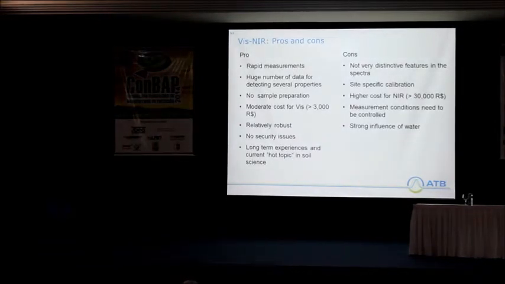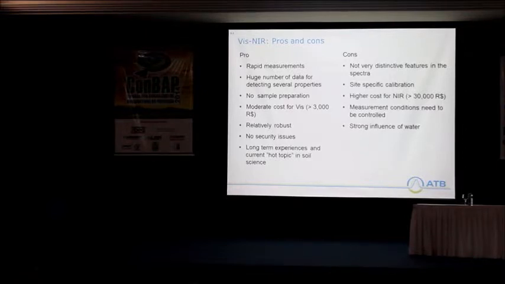So, the good things about spectroscopy: it's very fast, you get a huge number of data, you don't need sample preparation, costs for the VIS spectra are moderate, it's relatively robust, there are no security issues, and there's long-term experience. From research, it's currently a hot topic, so it will develop and get better and better in the future.